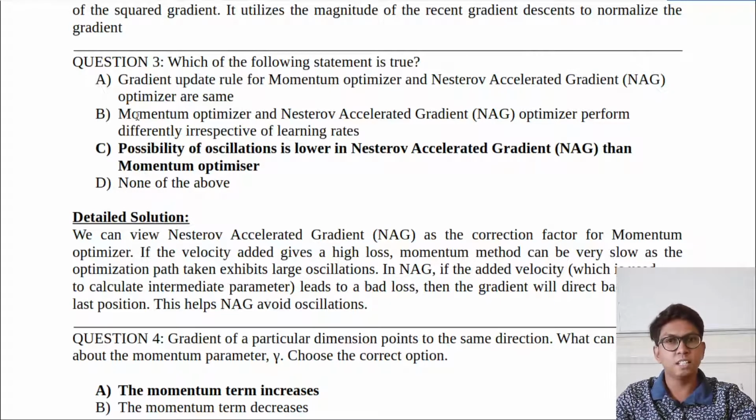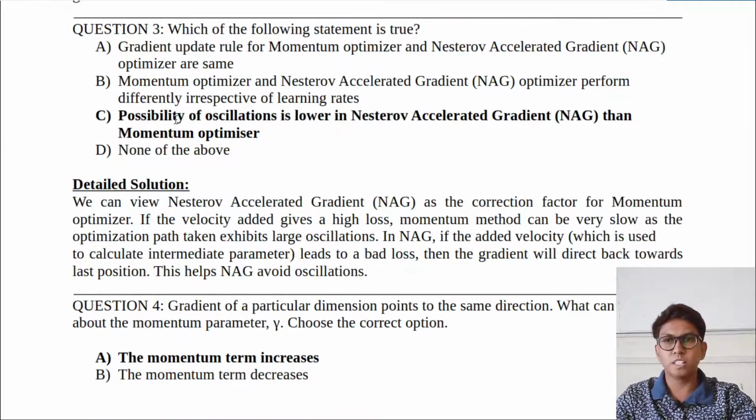Option B is, momentum optimizer and NAG optimizer perform differently irrespective of the learning rate. Option C is, possibility of oscillations is lower in NAG than momentum, and option D is none of the above. The correct option is, possibility of oscillation is lower in NAG than momentum optimizer.